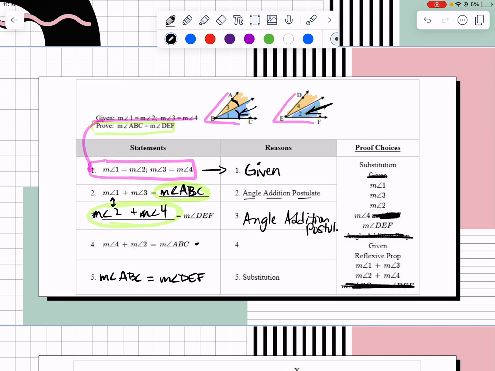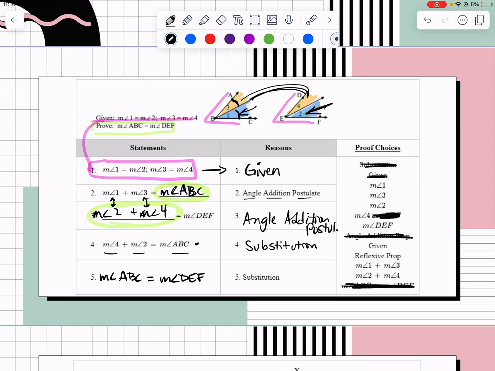Same thing with 3 and 4. I highlighted them in the same color because they're equal, which means I can interchange these. So I believe the reason we're able to say 4 plus 2 is ABC is because of substitution. I substituted out the angles and put in something that is equal to them.